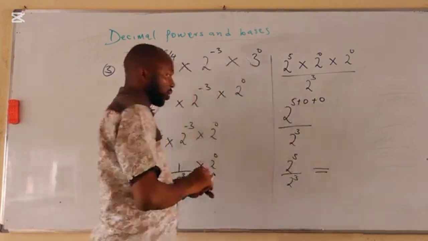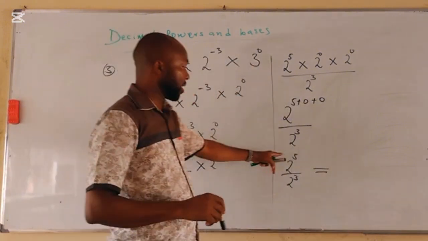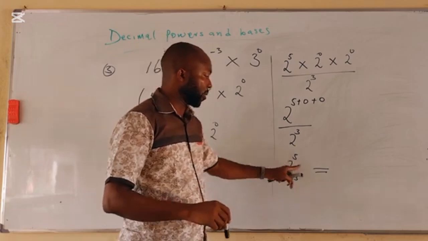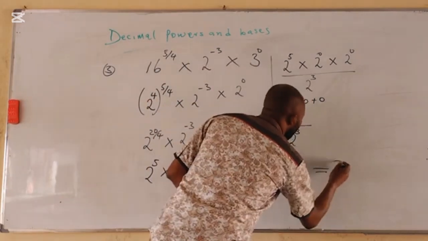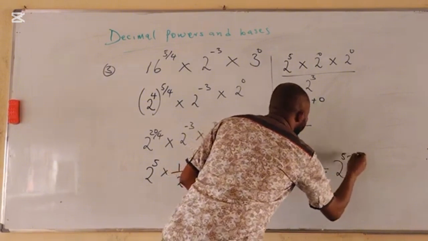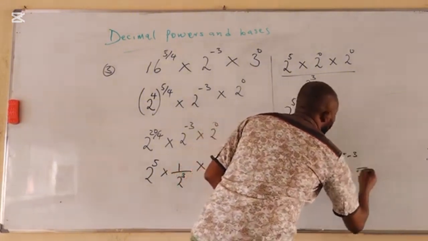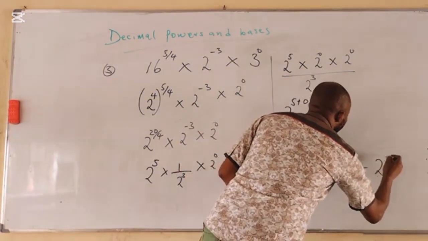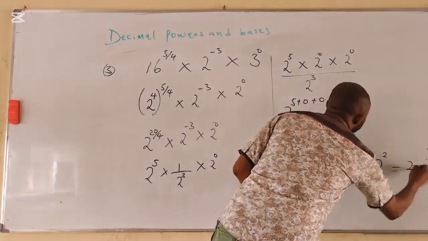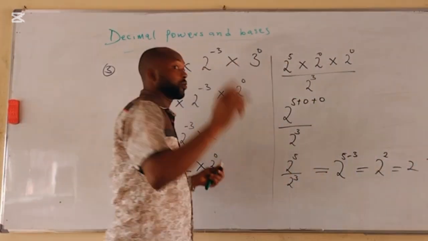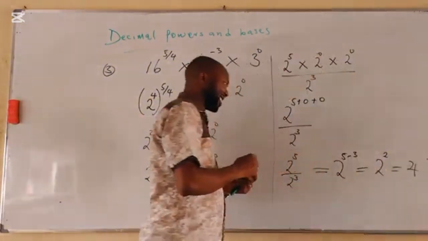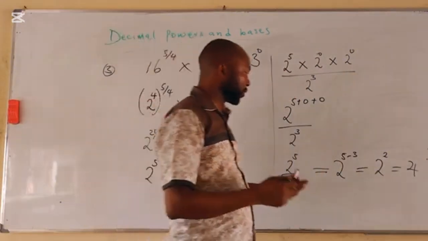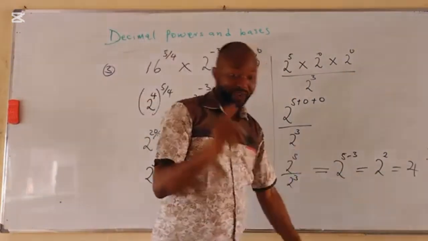When numbers with equal bases are divided, the power of the divisor is subtracted from that of the dividend. So this becomes 2 raised to the power 5 minus 3. This is 2 raised to the power 2, and this is 4. Alright, 5 minus 3 is 2, 2 raised to the power 2 is 4.